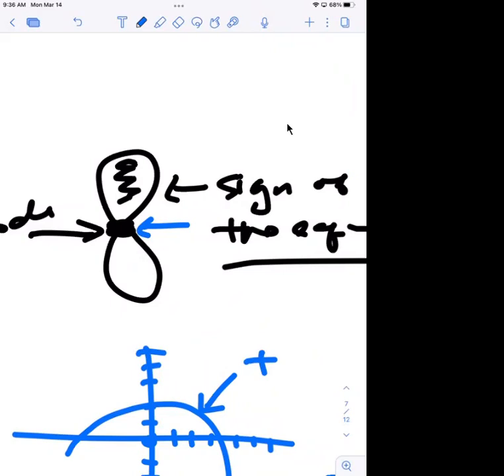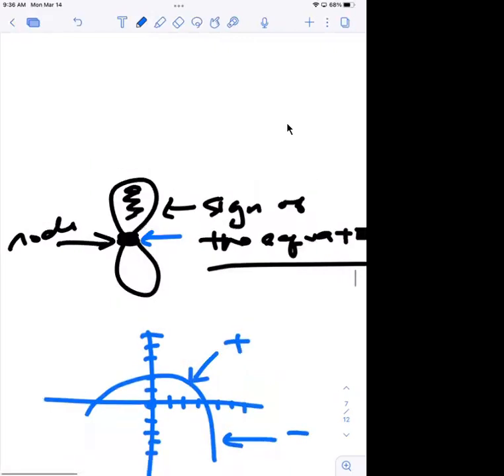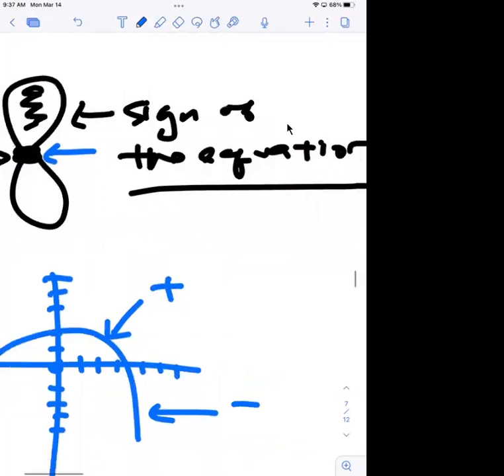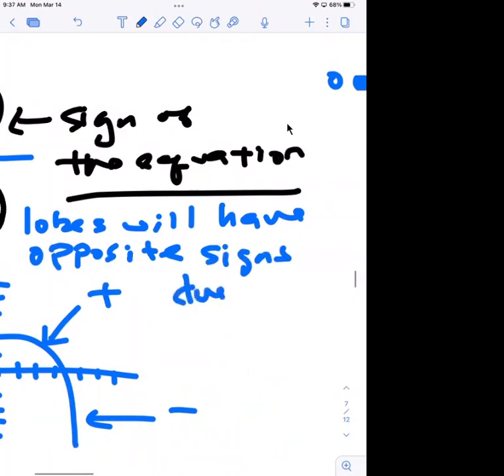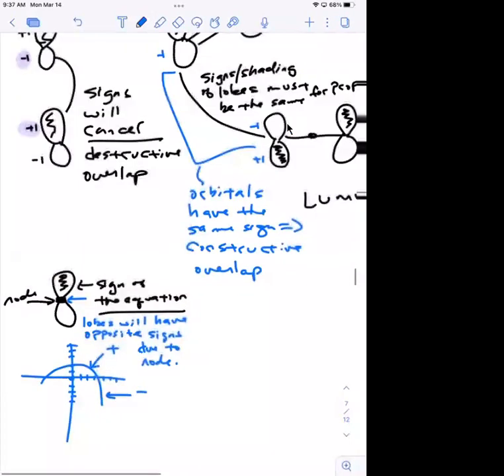Whatever is above it is going to have the opposite sign of whatever is below it. And I'm not saying the top has to be positive and the bottom has to be negative. All I'm saying is that the lobes have opposite signs because of that node. Now, I'll write that in here. So because of that node, you're going to have opposite signs.